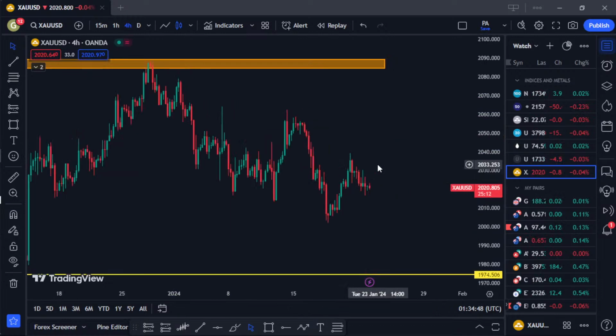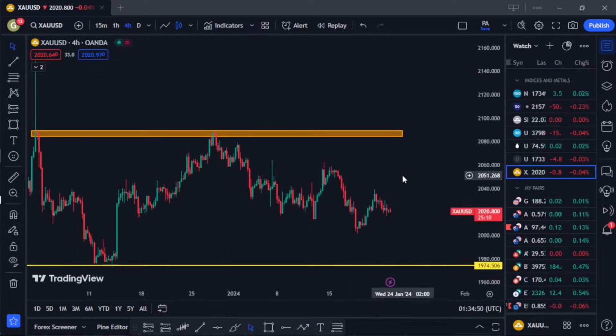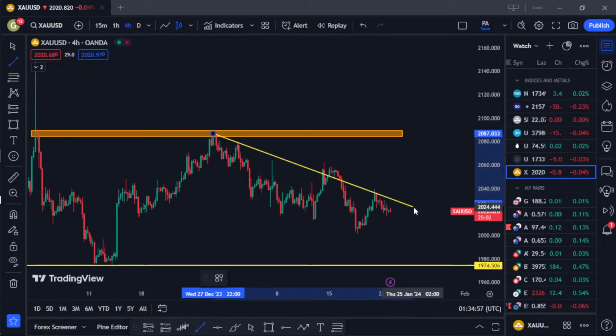So here it is right now, and the market is currently in a downtrend. The market is trending downwards.